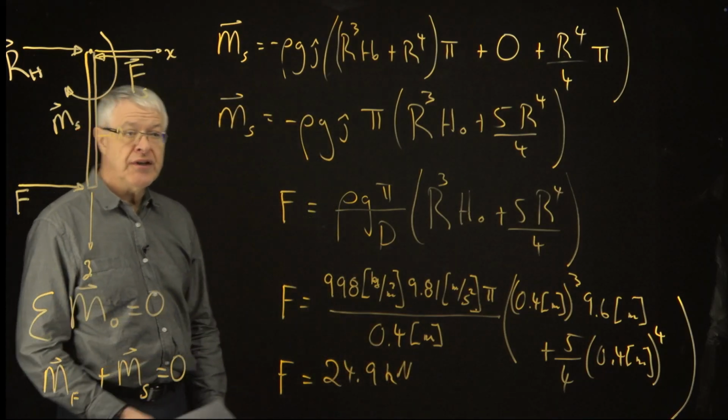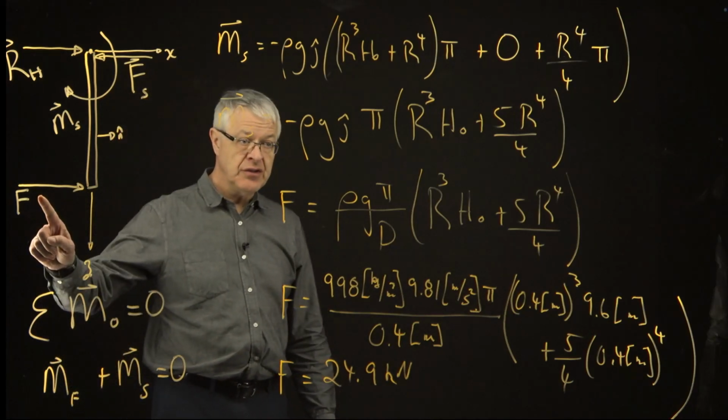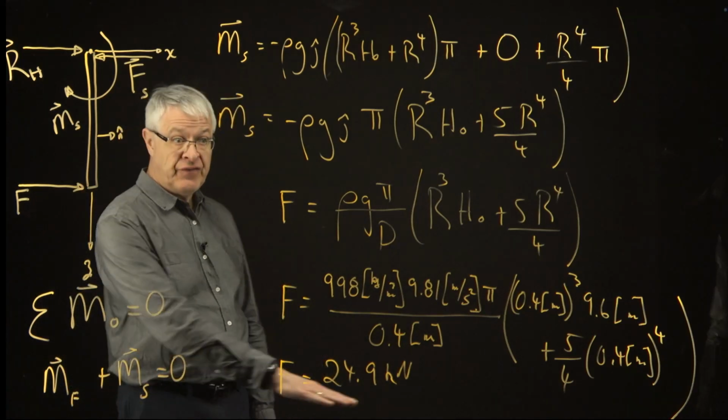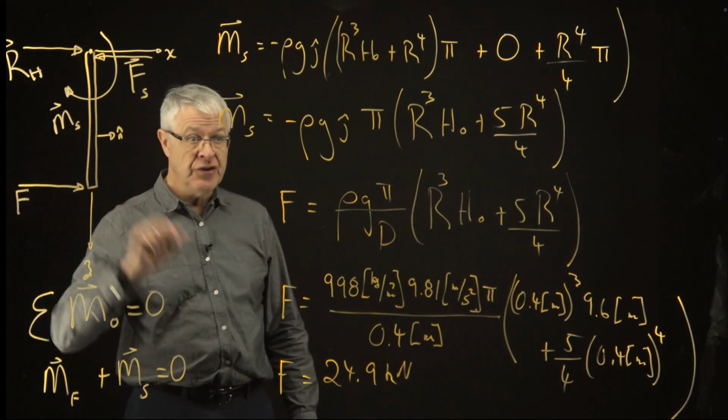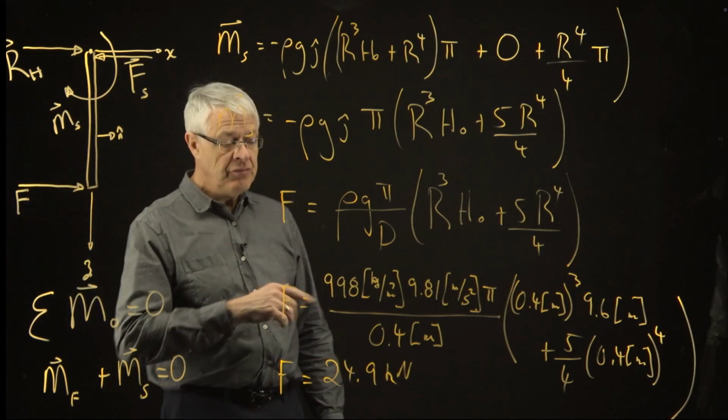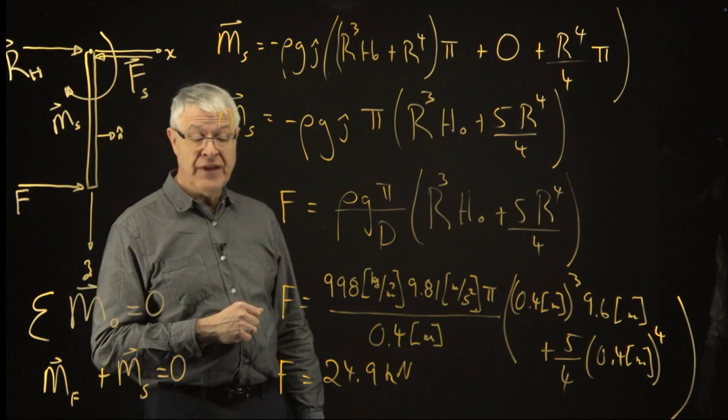So 24.9 kilonewton force would have to be exerted here in order to open this gate. So this is a very, very large force. This is like 5,600 pounds or something. So there's no way a sailor is going to do it, but if they needed to, that's what the force would have to be to open that hatch.